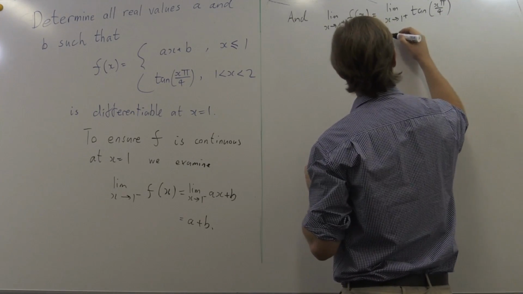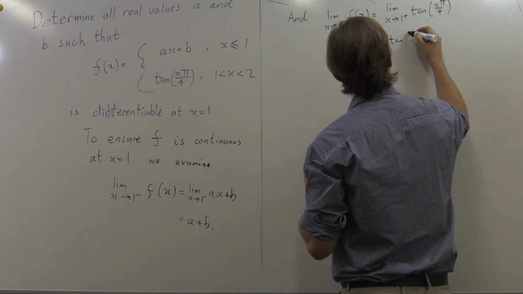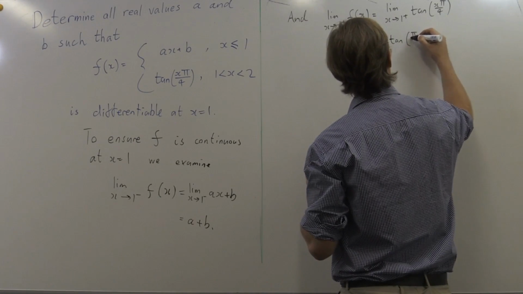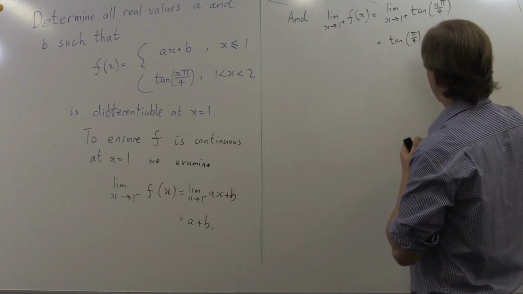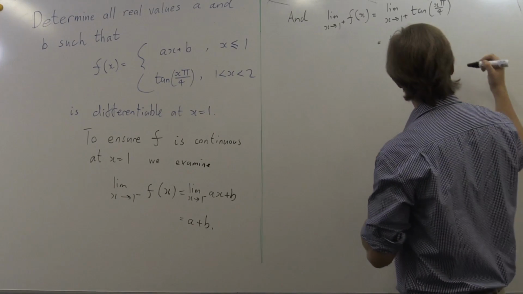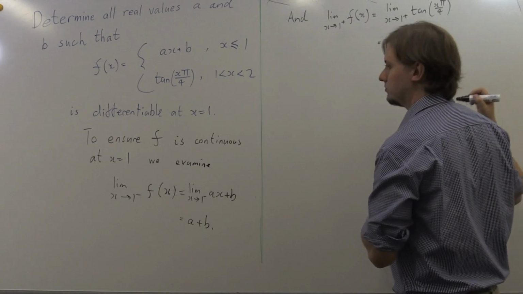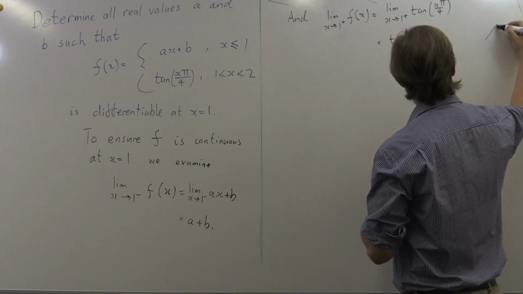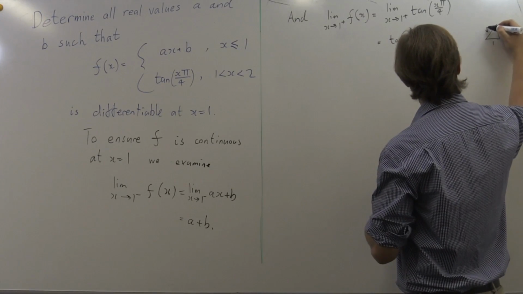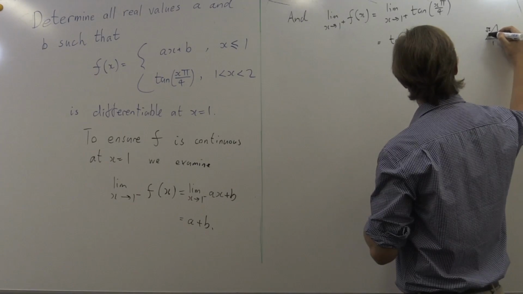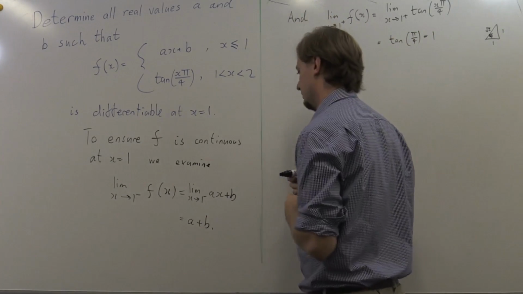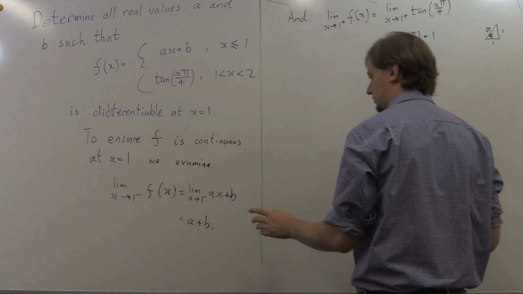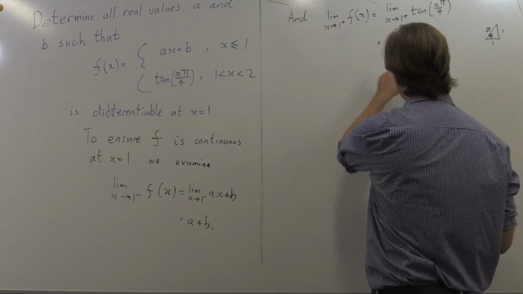So that will be just the tan of pi over 4. And hopefully we can remember that tan of 45 degrees is actually 1. You want to remember the basic triangle, it's a 1, 1, root 2 triangle. Right. So to ensure that this limit exists, we must ensure that a plus b is equal to 1.